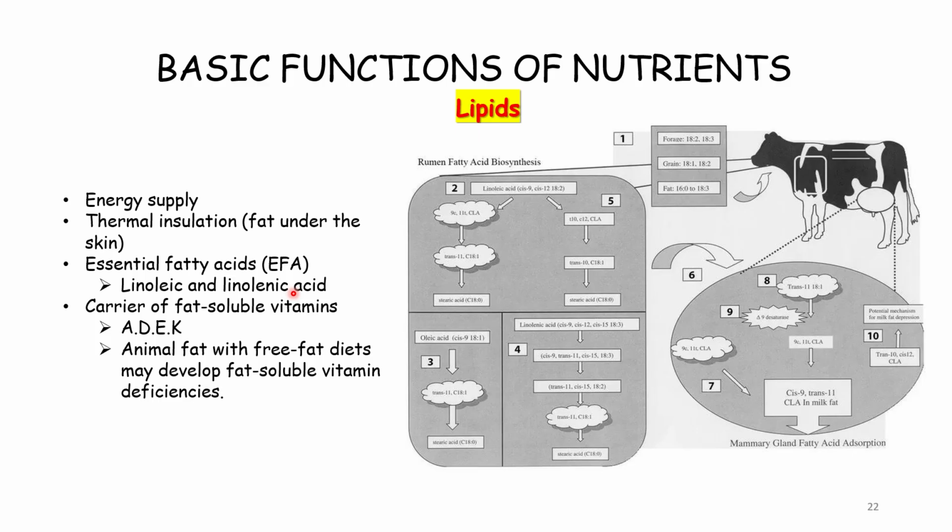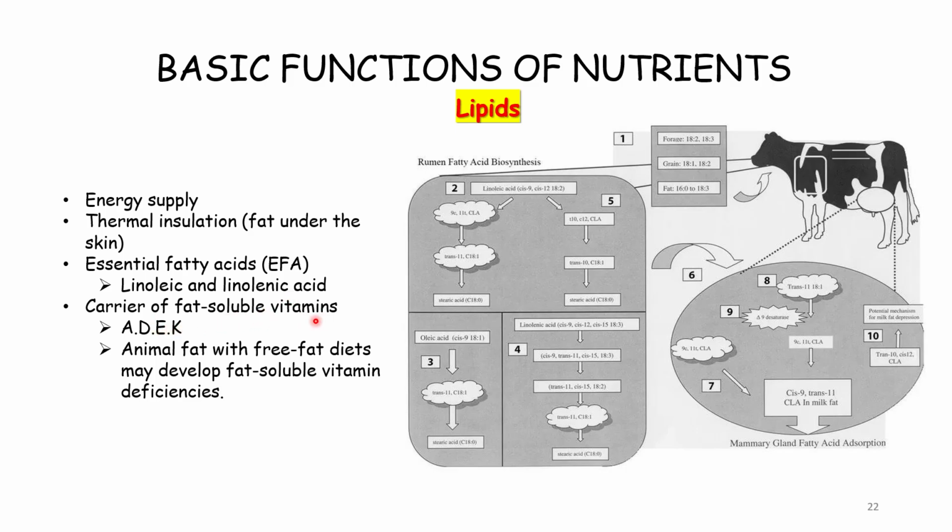There are other types of fatty acid also, but they are non-essential fatty acids because ruminants can produce them by themselves. They can synthesize other fatty acids in their body by their body mechanism. But linoleic acid and linolenic acid we sometimes need to provide through the feed because these are the essential fatty acids. Fat is also a carrier of fat soluble vitamins.